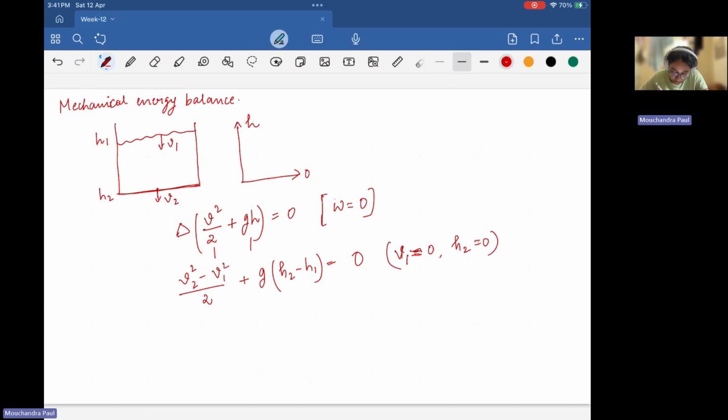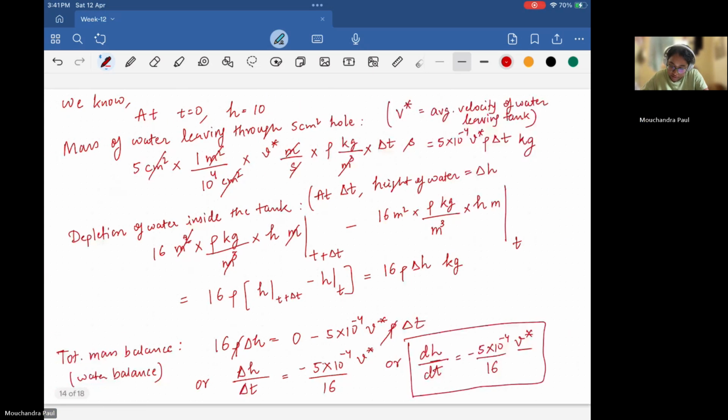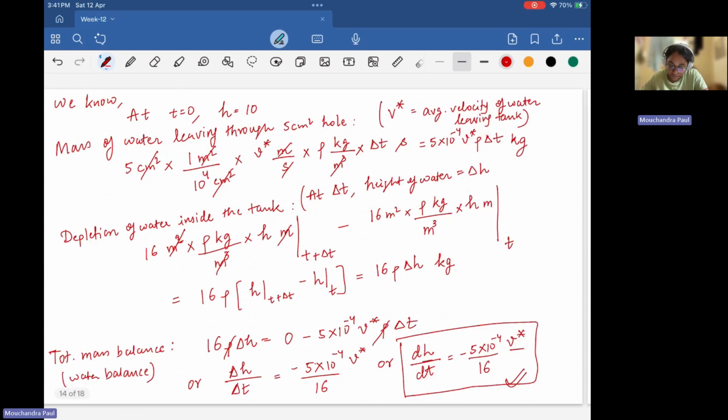So that simplifies things for us. V2 squared becomes 2G times minus H1, or V2 is equal to root of 2GH1.